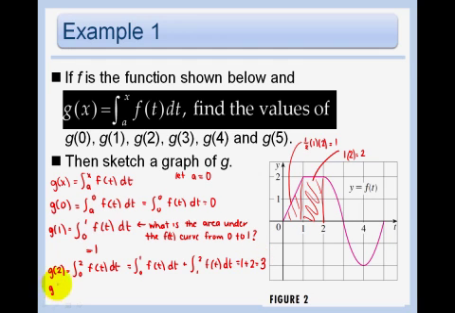And then g of 3, okay, I'm going to go 0 to 1 plus 1 to 2 since I already found those, plus the area under the curve from 2 to 3. Now, in order to find this area, I'm going to need to use an approximation. I don't know it exactly.